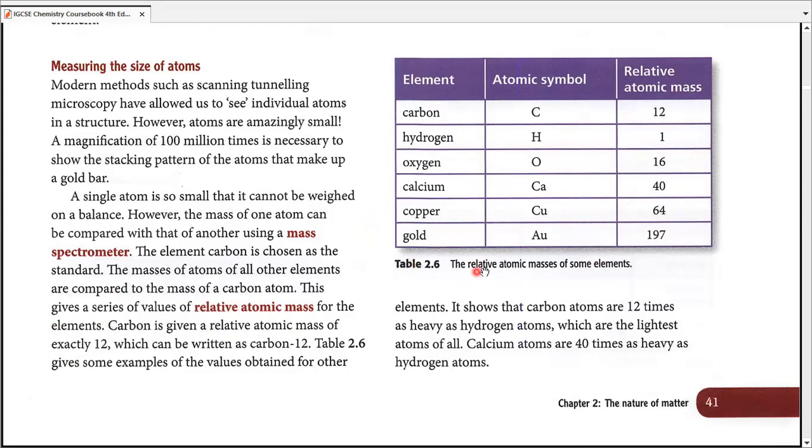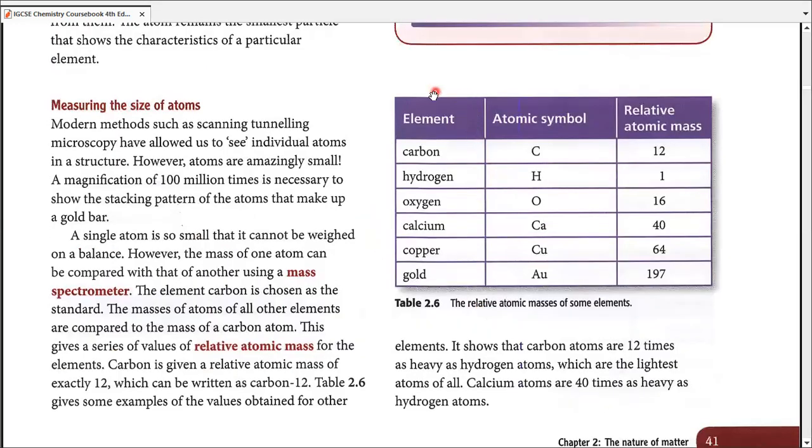For example, when you look at the periodic table, you find certain pieces of information out of which we have created this table. As soon as you look at this table, you get to see a few most common elements along with their atomic symbols and their masses.